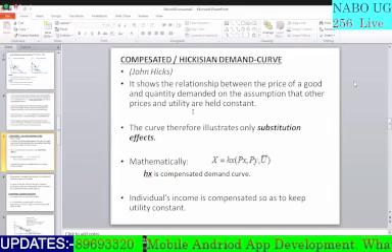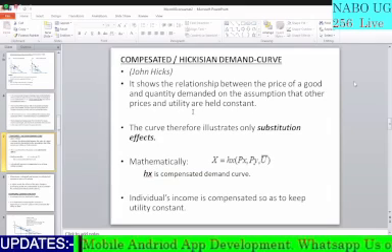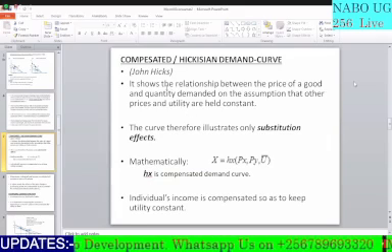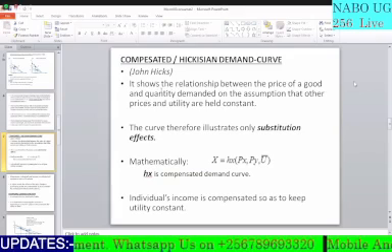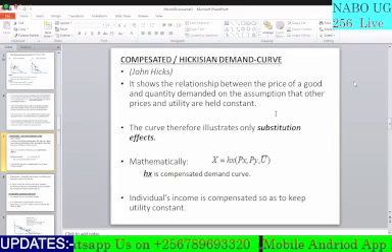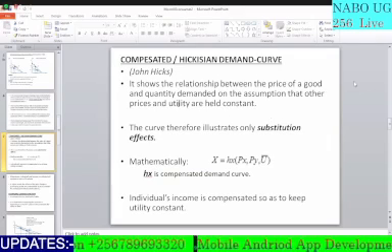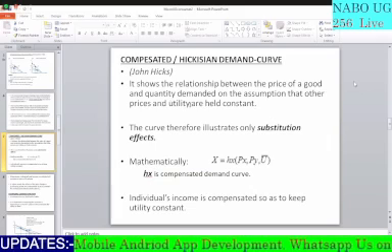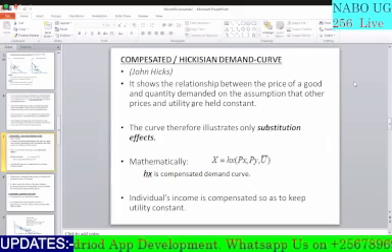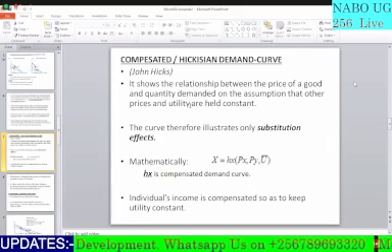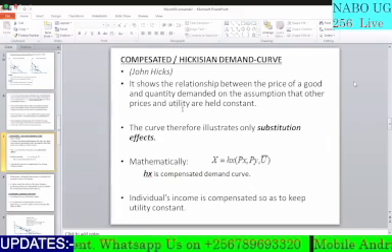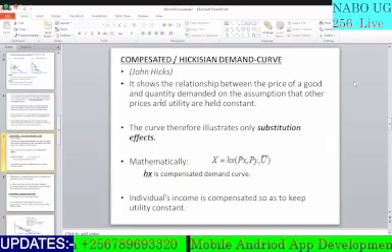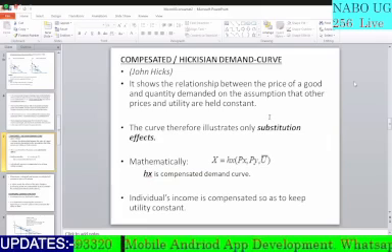Now you see from that substitution effect, we said that the substitution effect is along the indifference curve. So it means that along the indifference curve, utility is held constant. So the moment you say utility is held constant, then you know that we are on the same indifference curve. So here we assume that the individual is on the same indifference curve.